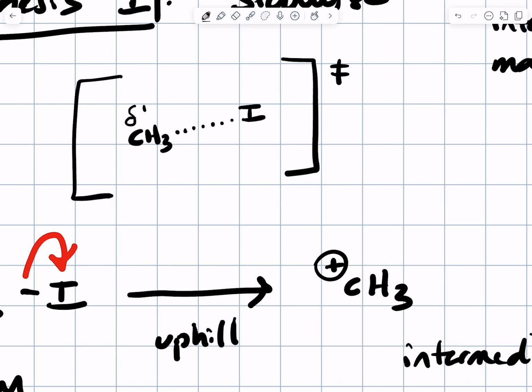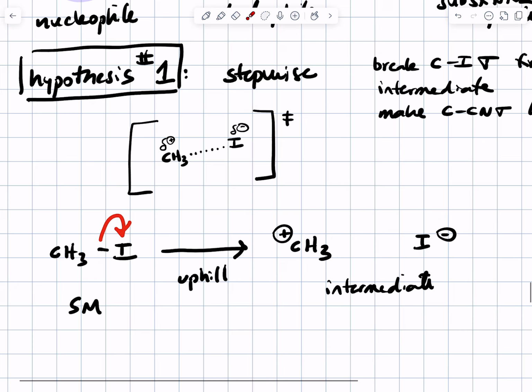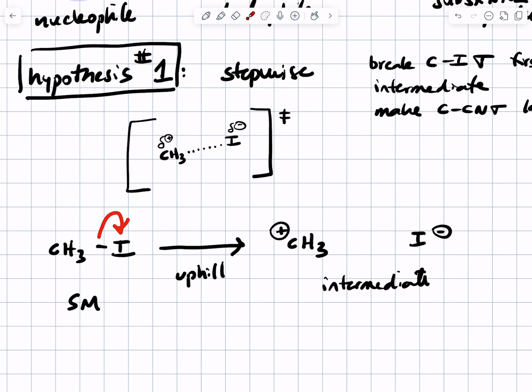We'll put a delta plus on the carbon, a delta minus on the iodide to indicate that this bond is in the process of breaking, but it's not entirely broken yet. It might be difficult for you to understand why this transition state, if the bond isn't completely broken, might be higher in energy than this intermediate. That's complicated enough that we don't necessarily need to talk about it.